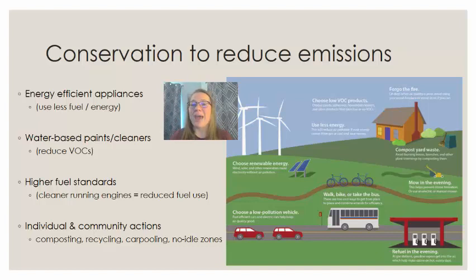We can also have individual and community actions that help to reduce our emissions. These include composting and recycling, so using our waste products in regenerative manners. We can also carpool, so we have fewer vehicles on the road, especially if we are all going from the same origin to the same destination.